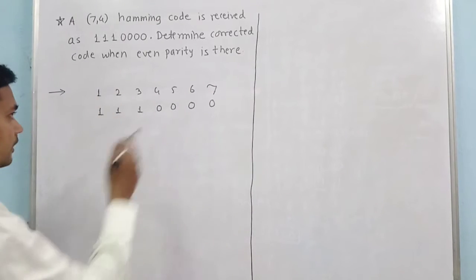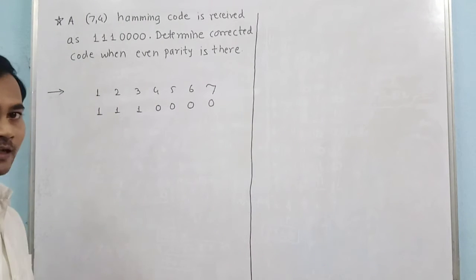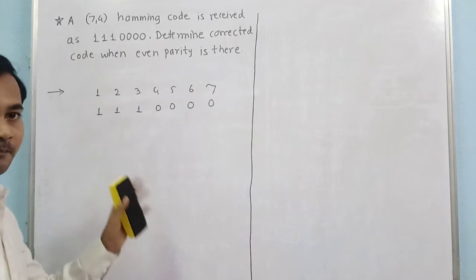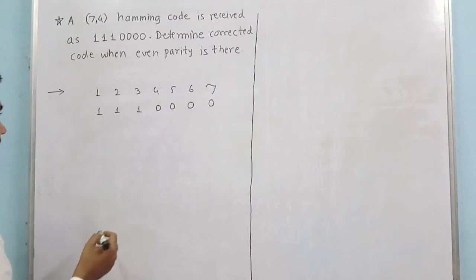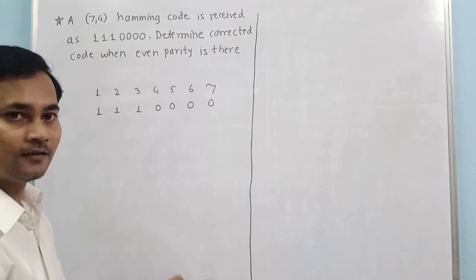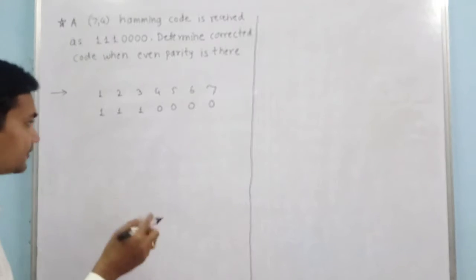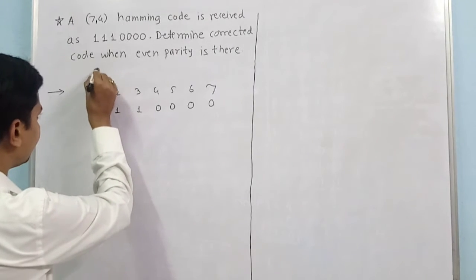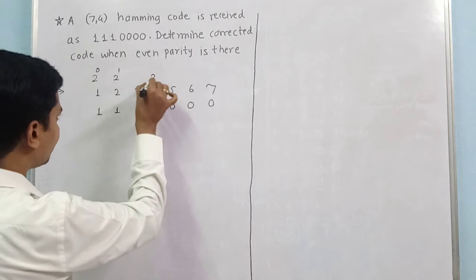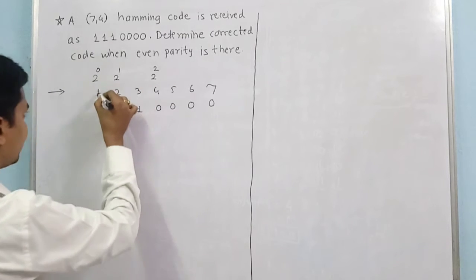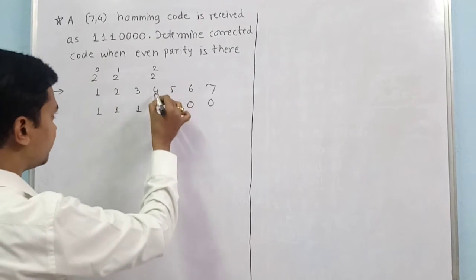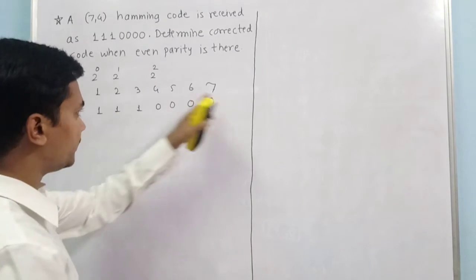We know where the parity bits are. Parity bits are always situated at 2 raised to power positions. So 2 raised to 0 is 1, 2 raised to 1 is 2, 2 raised to 2 is 4. 2 cube is not there.